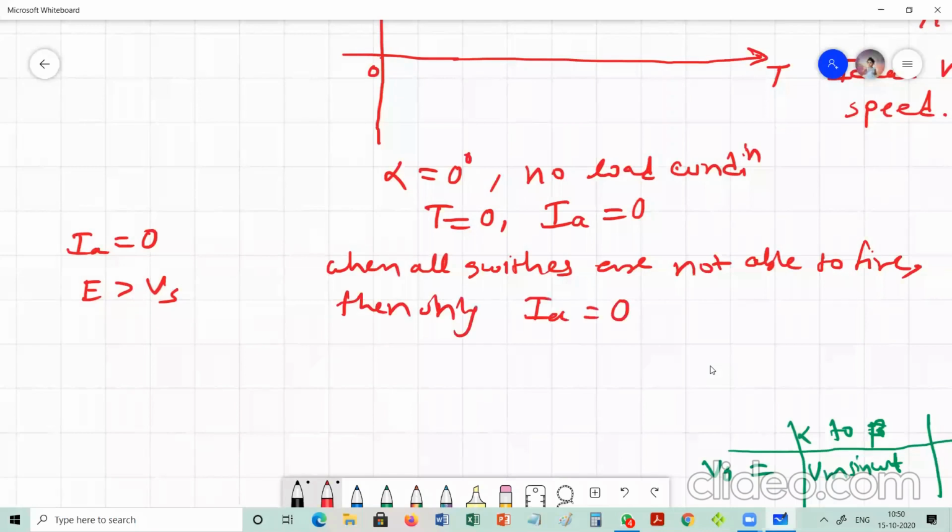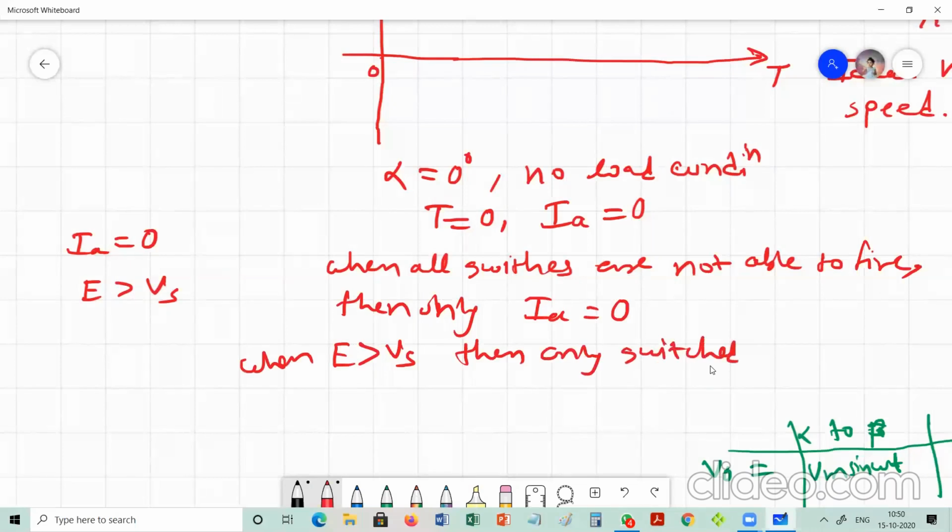And they are not able to fire when E is greater than Vs. Only when E is greater than Vs will the switches not be able to fire.